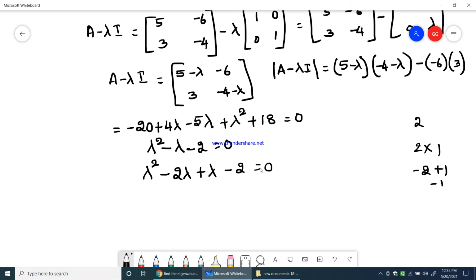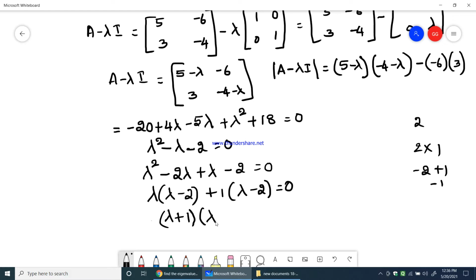If I take lambda common, I get lambda minus 2, and then plus 1 times lambda minus 2, which is equal to 0. Therefore lambda plus 1 multiplied by lambda minus 2 equals 0, so lambda 1 equals minus 1 and lambda 2 equals 2.